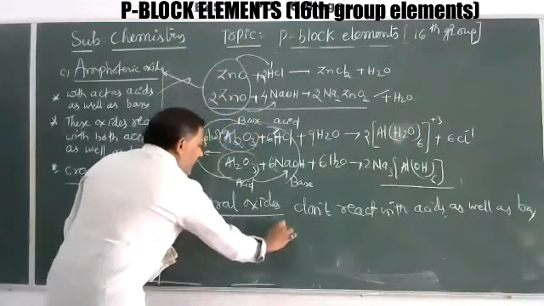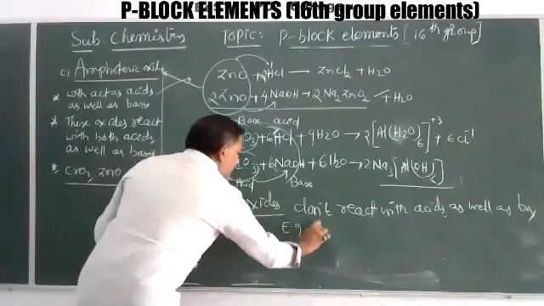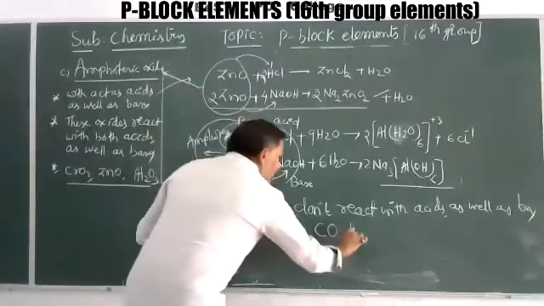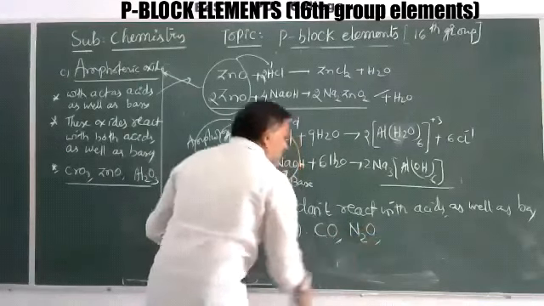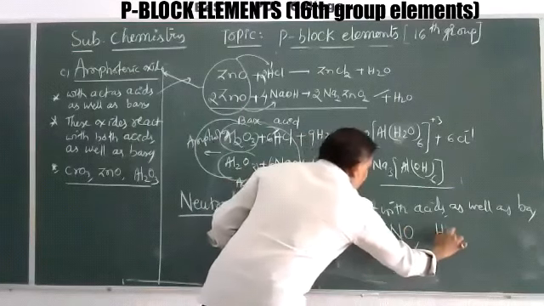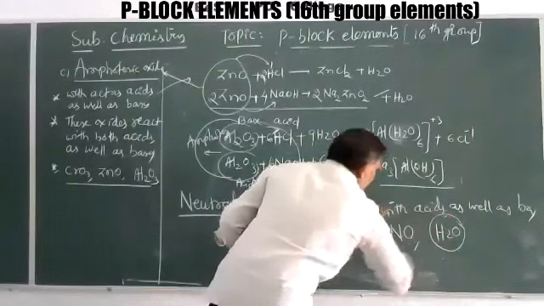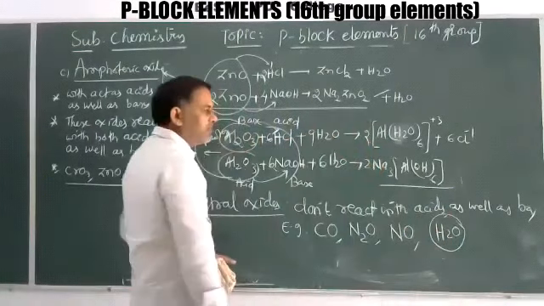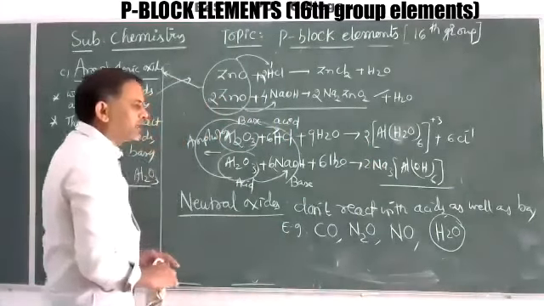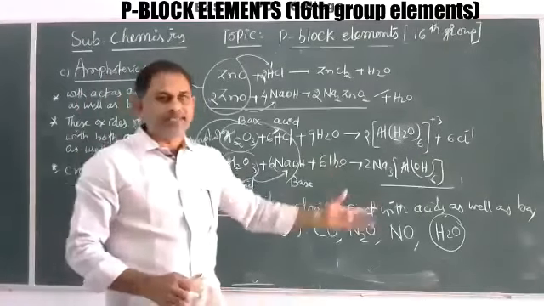Simple examples are carbon monoxide, dinitrogen oxide, nitric oxide, and water also acts as a neutral oxide. These are some important neutral oxides which do not react with either acids or bases.